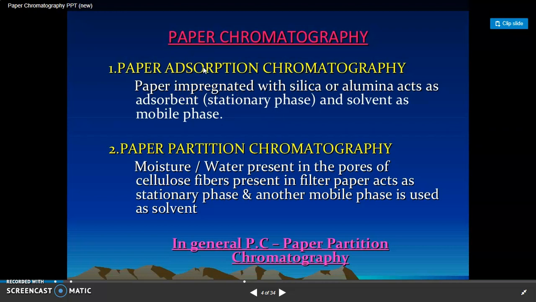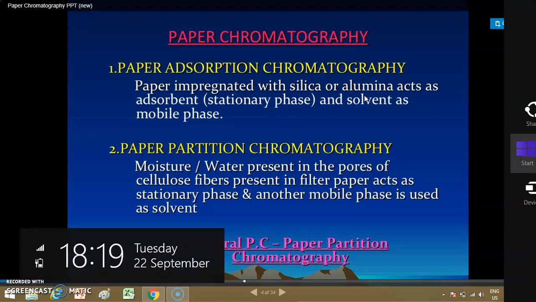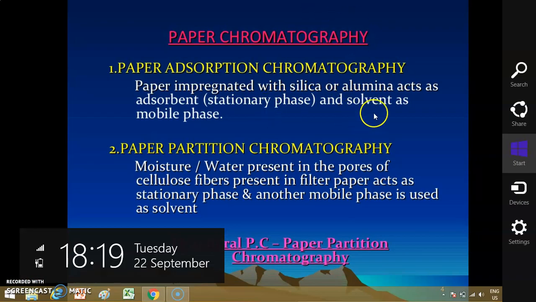So paper coated with silica or alumina acts as the stationary phase, and a solvent acts as the mobile phase. This is called solid liquid chromatography.